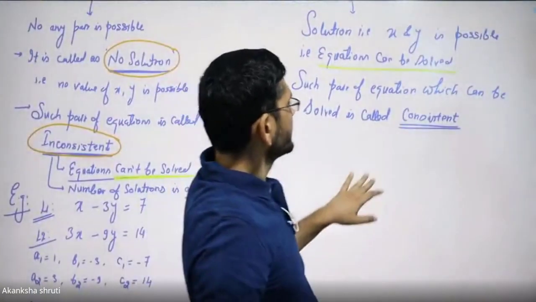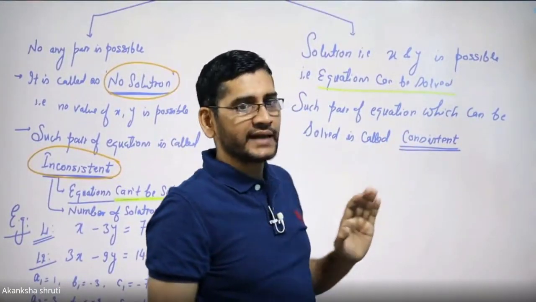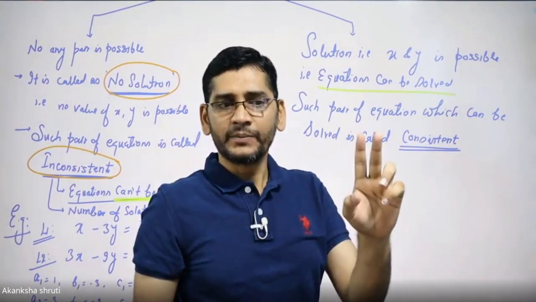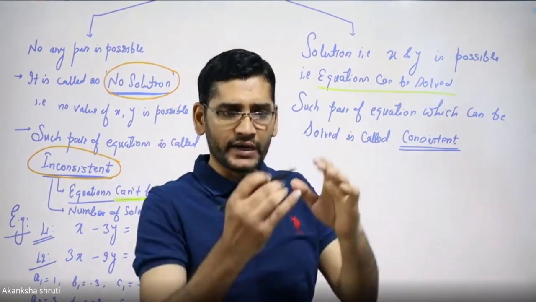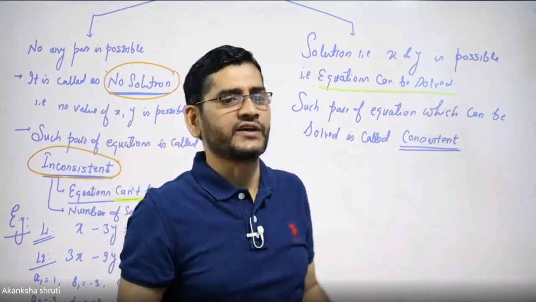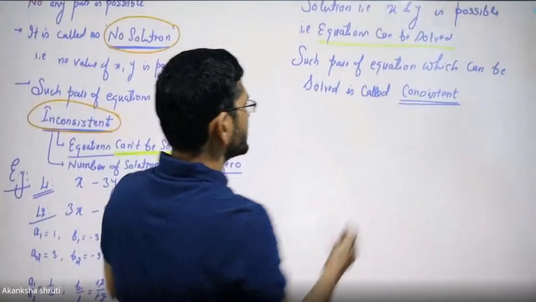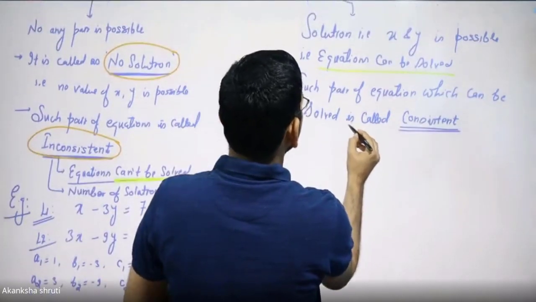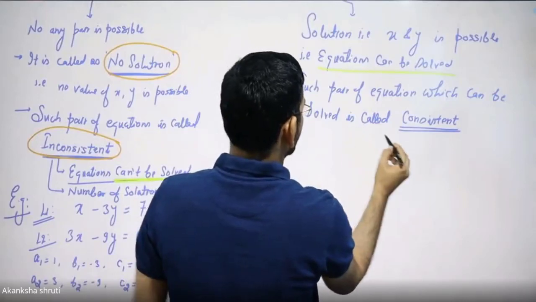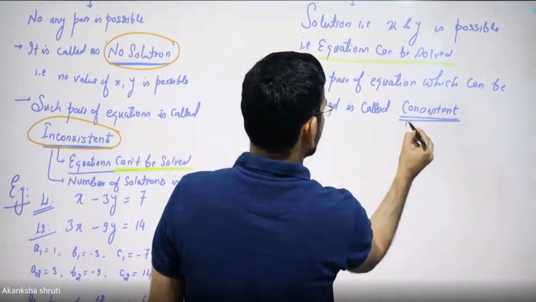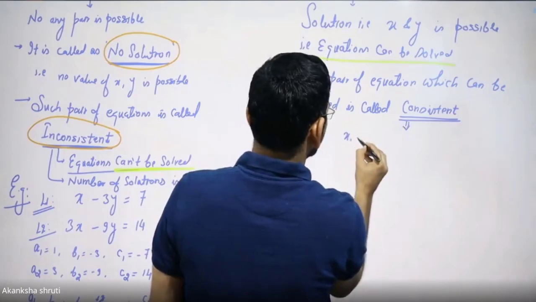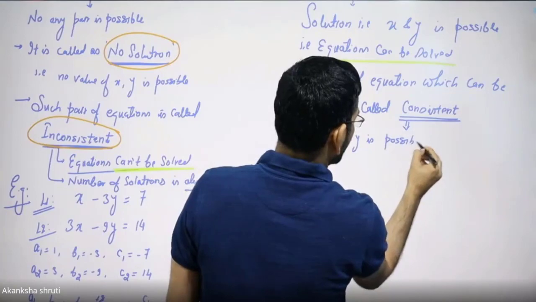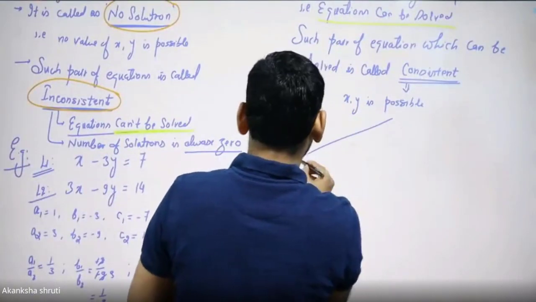Now, when the pair of equations can be solved, two situations arise. Either one pair of x and y is possible, or infinitely many pairs of x and y are possible. For this consistent, it simply means a solution is possible. But still the two situations arise.